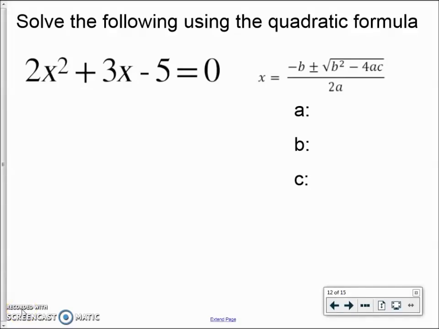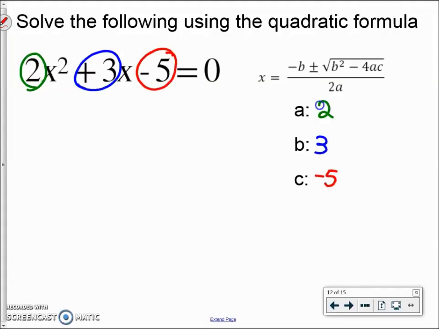All right, finally we come to an example where we have a leading coefficient that is not 1. So in this case, our a value is 2. Our b value, the coefficient on x, is 3. And our c value is -5. Our first task, of course, is to find our discriminant, b squared minus 4ac.